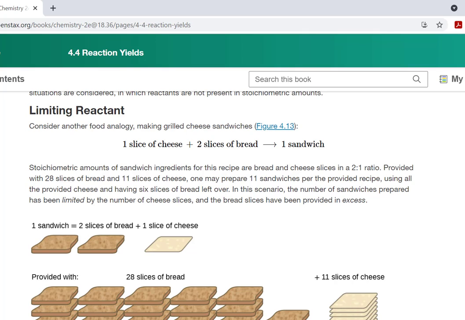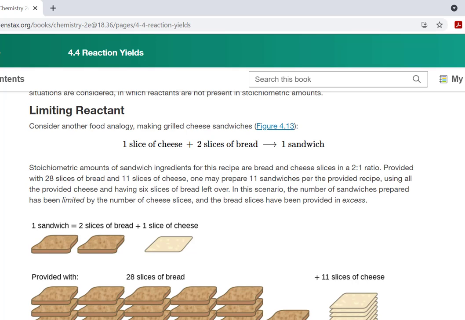So making a grilled cheese sandwich requires some cheese and some bread. So we can write something like a chemical equation for that, where we're looking at the recipe as a slice of cheese and 2 slices of bread to make a sandwich.